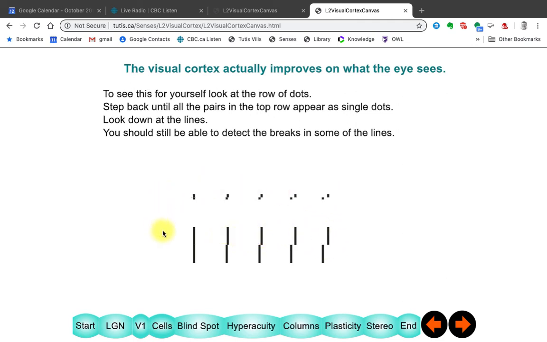If you were to look at this from the back of the room, you get to a point where these two dots resemble just one dot. And yet you'll be able to tell that either this or this has a break in it. So all those neurons combining onto a simple cell make it more sensitive to a break in the line of that orientation.